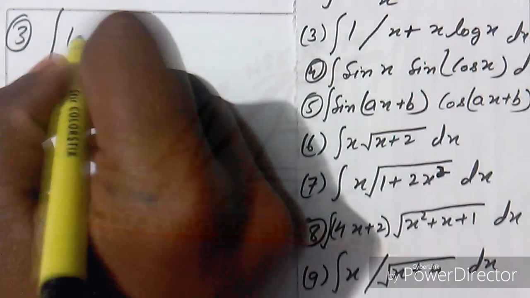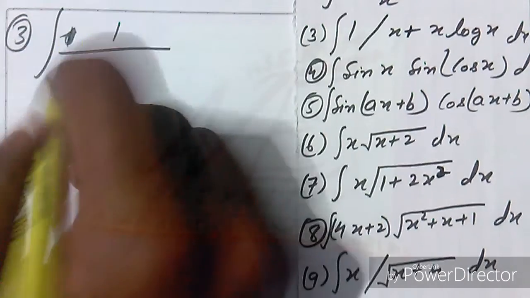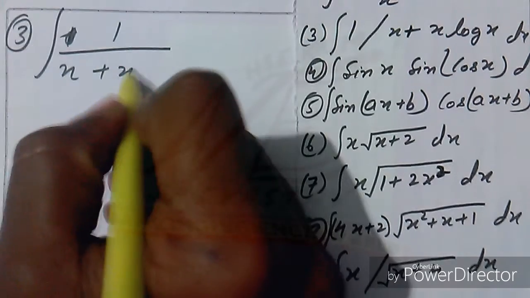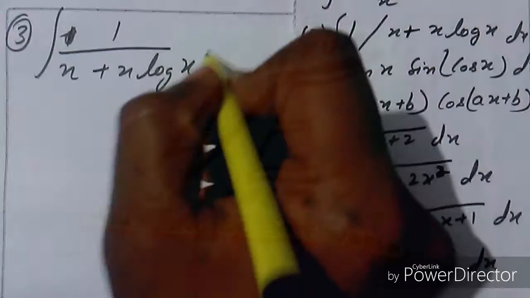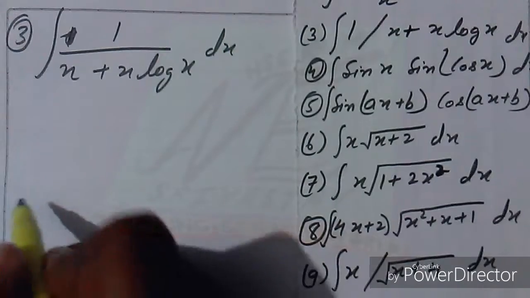So friends, now we go for the third question. The third question is the integration of 1 by x plus x log x dx. Okay friends, third question, 1 by x plus x log x, friends, dx.